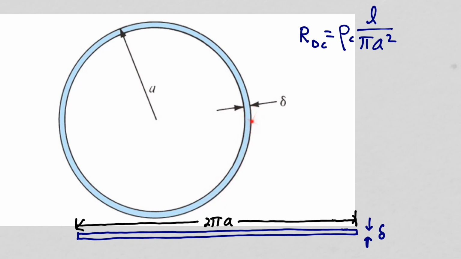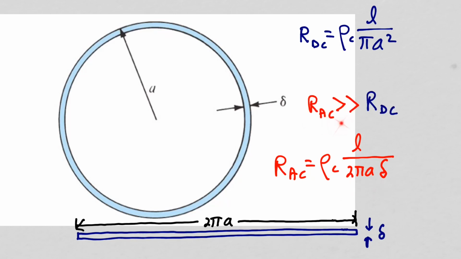So in AC, the signal is just flowing through this cross-sectional area. So in AC, the resistance of a length L of this wire would be the resistivity times L over this cross-sectional area, which is 2 pi a times delta. So the AC resistance is going to be quite a bit larger than the DC resistance.